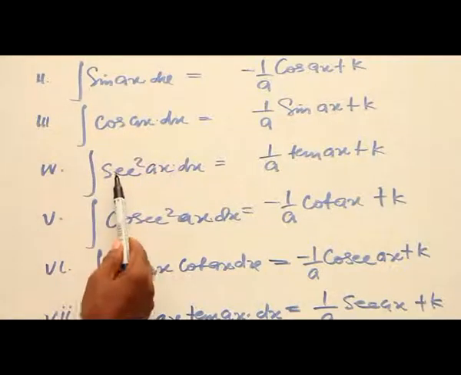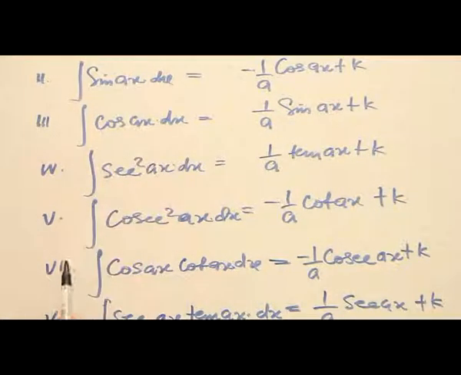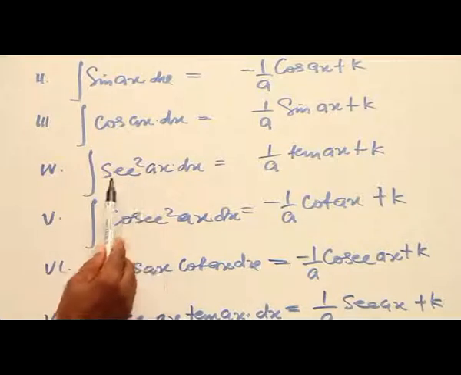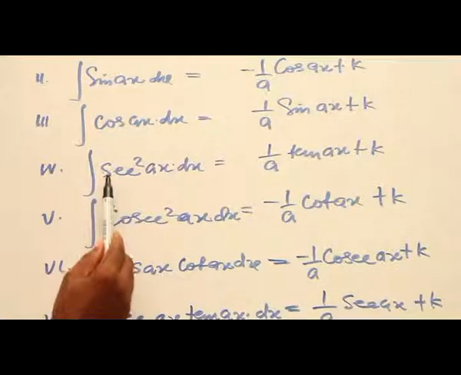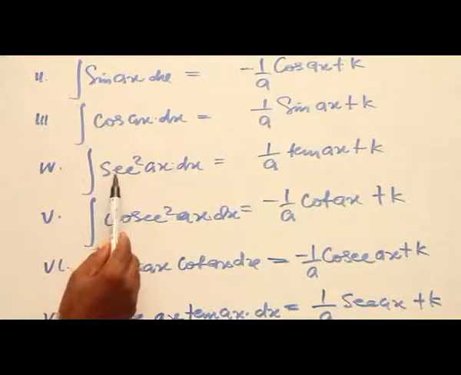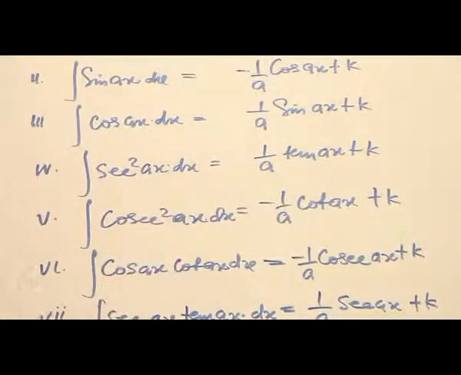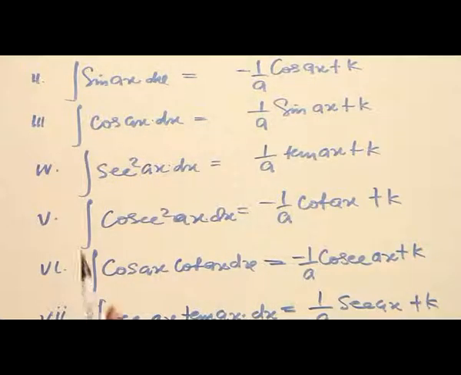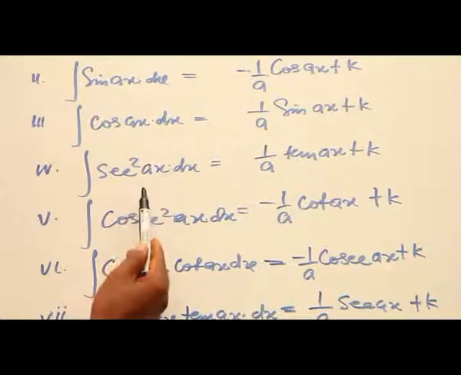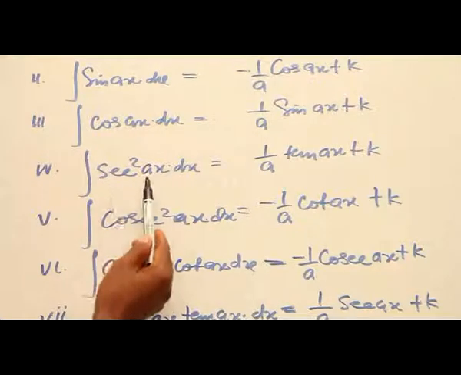Followed by this, we are familiar with the first three. Now here are others. To integrate sec squared as dx, you will recall that from differentiation, if you differentiate tan s, you will get sec squared s.